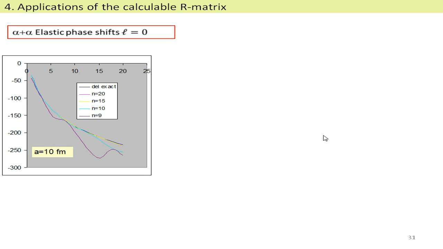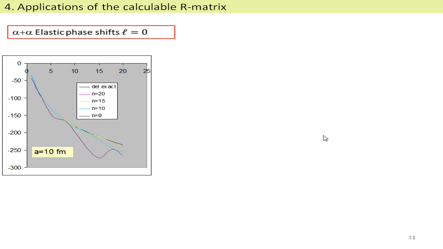So the exact calculation is somewhere here. And you can see that when you use many basis functions, 20, you don't see any difference compared to the exact solution. When you decrease the number of functions, with 10 functions, you start seeing a difference here.